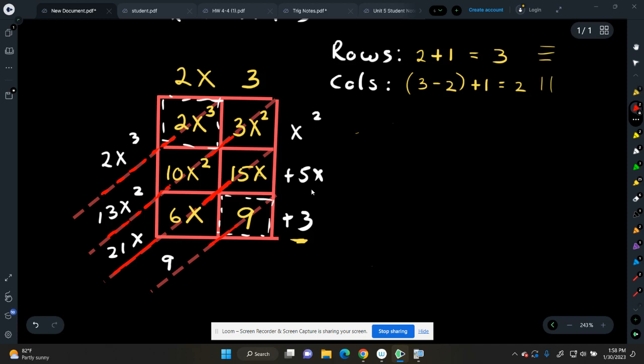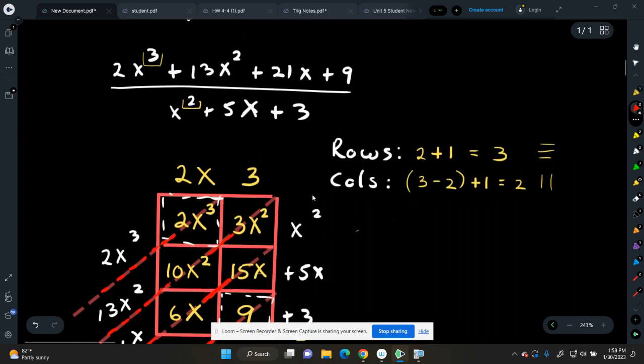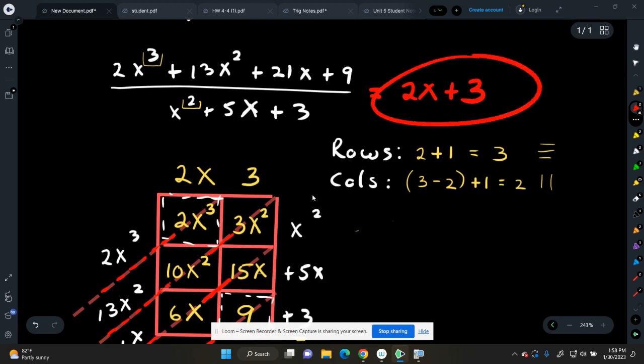And then in this one, we just have the 9. So everything works. So my answer to this division problem is 2x plus 3. Okay. Actually makes sense. One more problem.